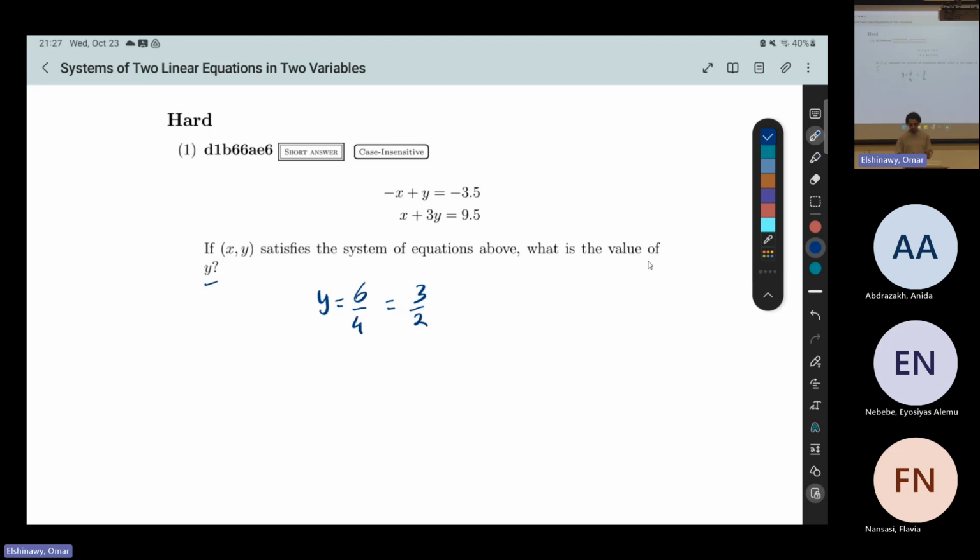Again, we're not aiming for speed here, but here's what I would like to say. There are two ways to approach your problem in general, if you would like to find x and y. The first method is called elimination.